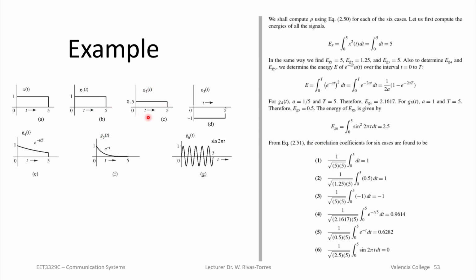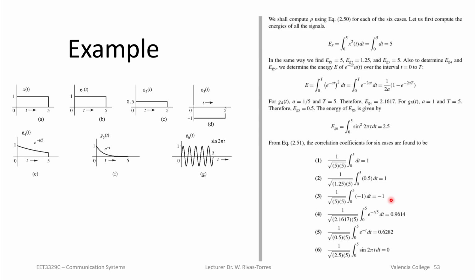G2 is nothing but G1 multiplied by 0.5, and notice that the correlation factor still comes out to 1. G3 is nothing but G1 multiplied by -1, so that's in the totally opposite direction. So rho came out to be -1. One is sort of +1, the other is -1, so they're opposite to each other.